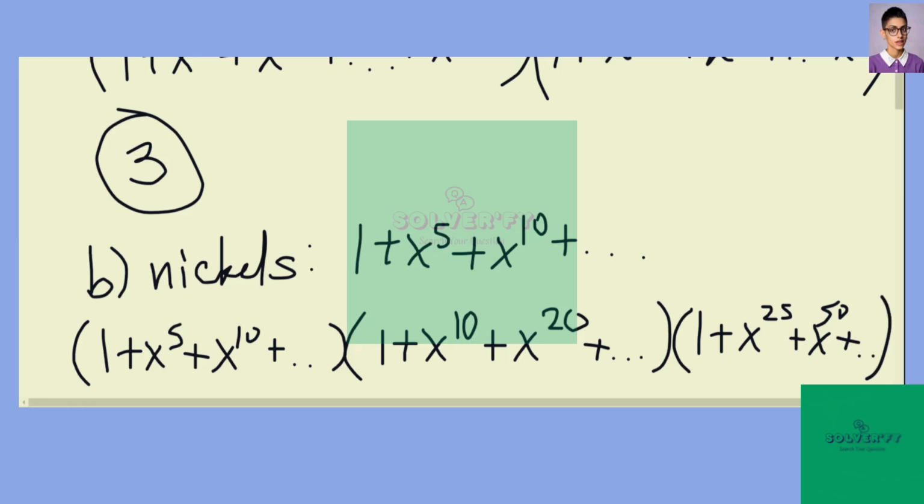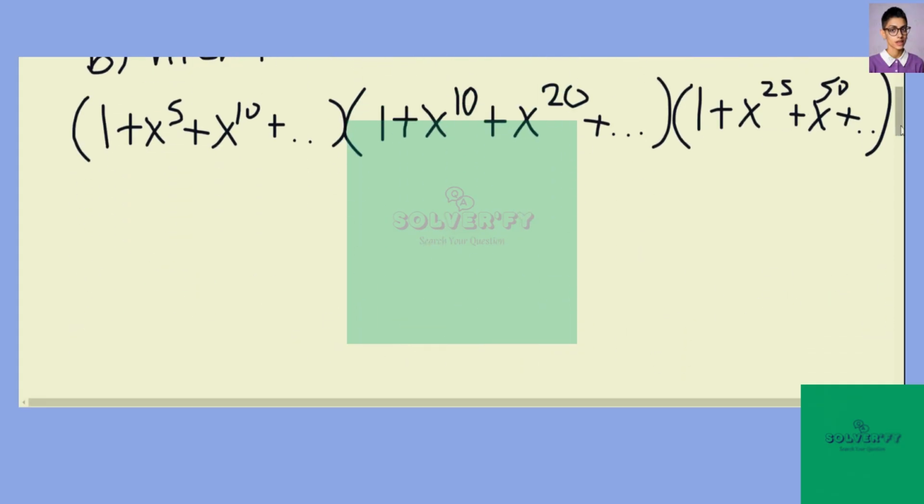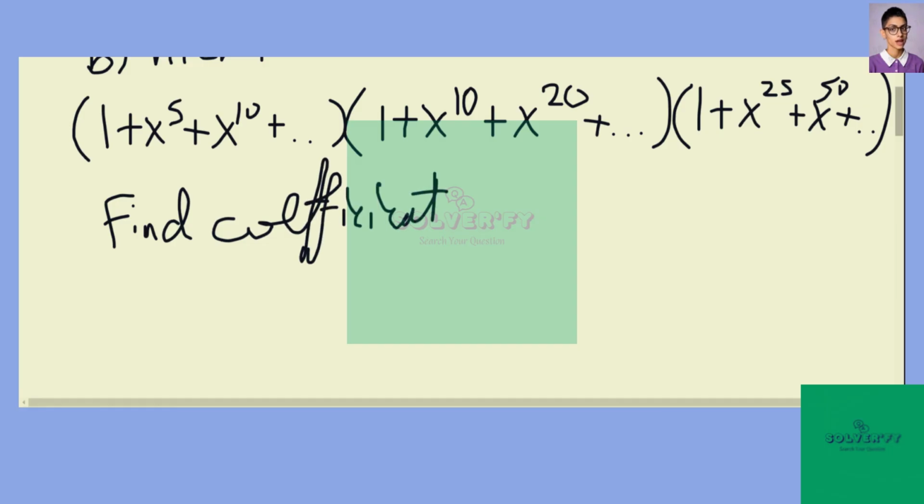And we want to find the ways to make change for $1, which is 100 cents. And so we only want to include terms up to degree 100 in each product. So we want to find the coefficient of x to the 100.